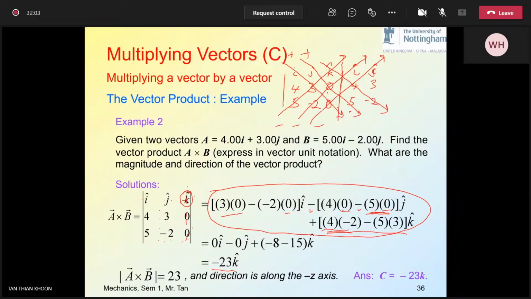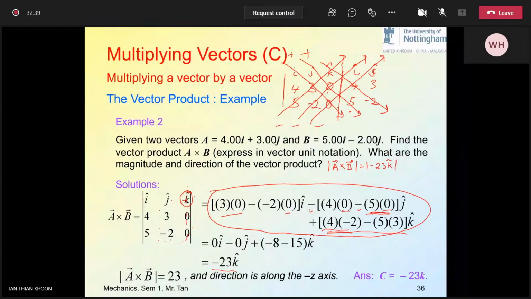Why are we taking just 23 as the magnitude? Again, we get the modulus of this A cross B. So the magnitude of vector A cross B is the magnitude of negative 23K.